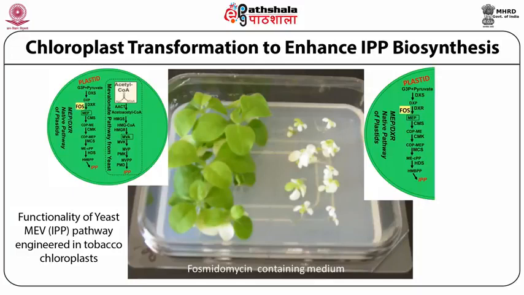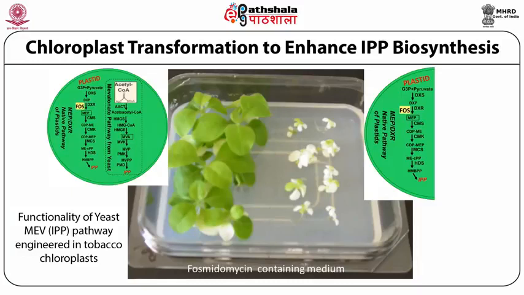If you see the right side, the wild type, because the pathway needed for photosynthesis and chlorophyll biosynthesis has been blocked totally. But the transgenic ones, because they contain the IPP pathway from yeast, the end product IPP is produced, which is needed for chlorophyll synthesis and photosynthesis.